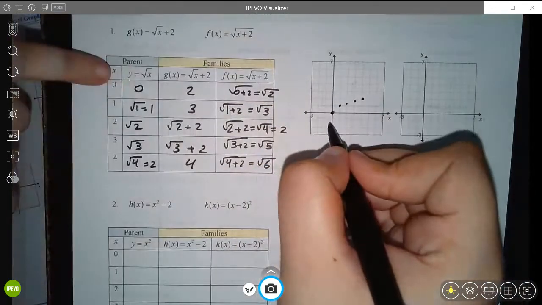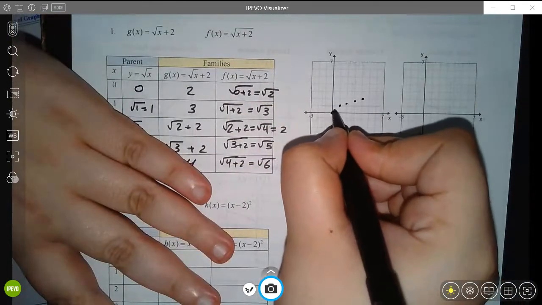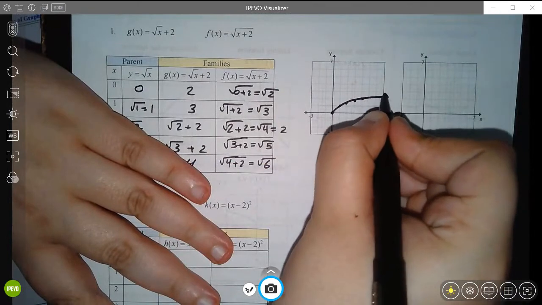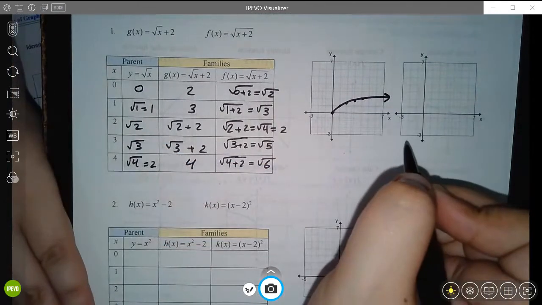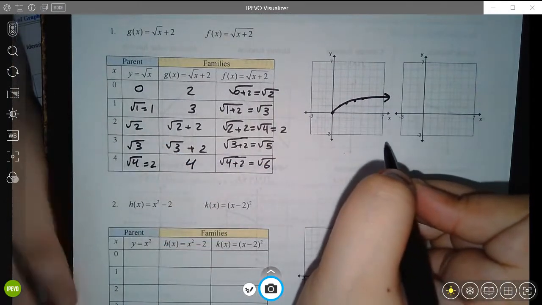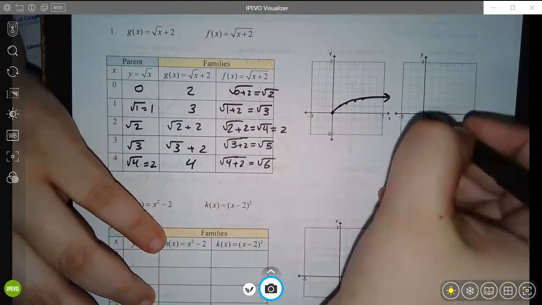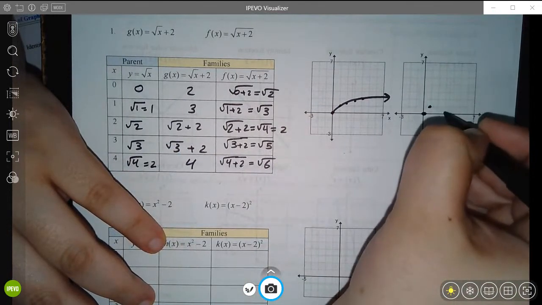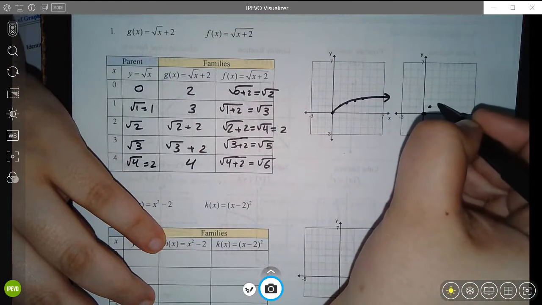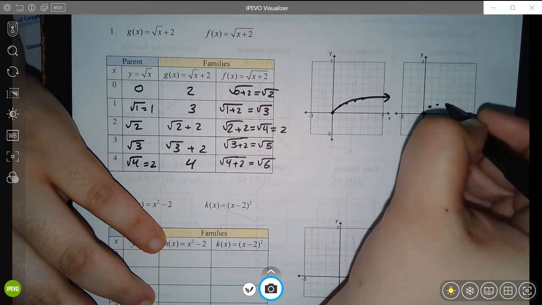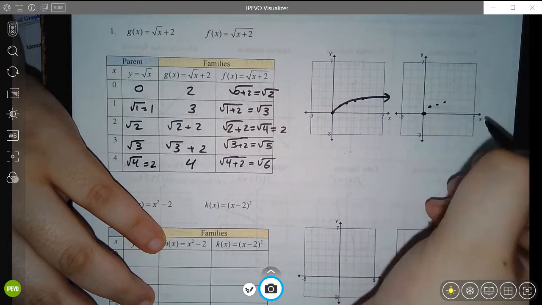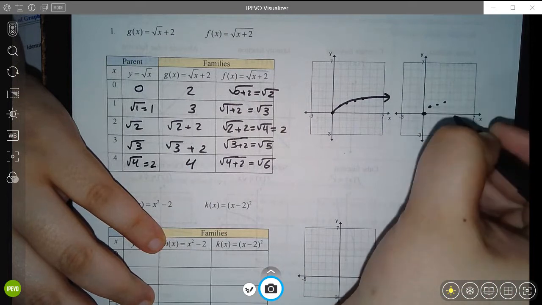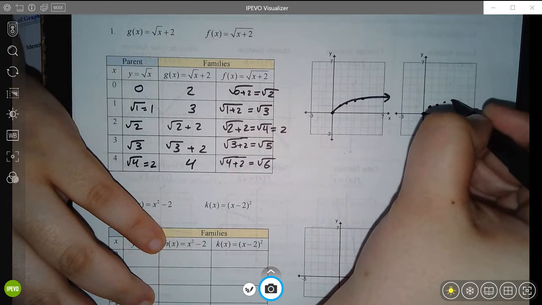And the square root of x function looks like this. That's our function. Now I'm going to mirror that over here. So we said this is point 0, 0, 1 and 1, 2 and 1/3, 3 and 1/7-ish, and then 4 and 2.